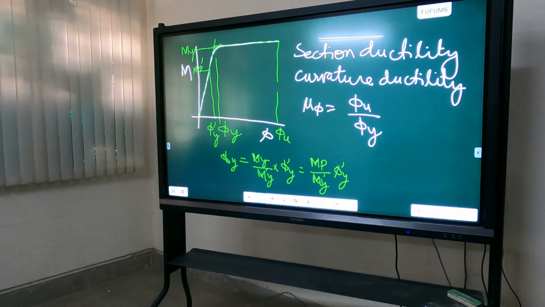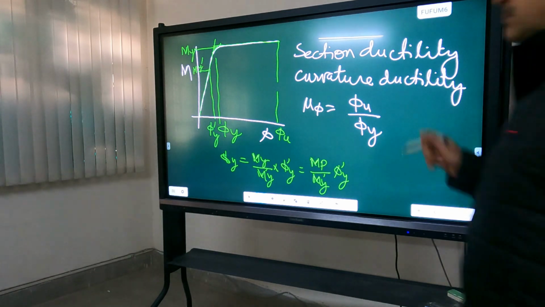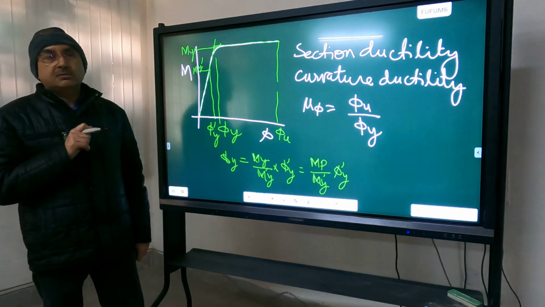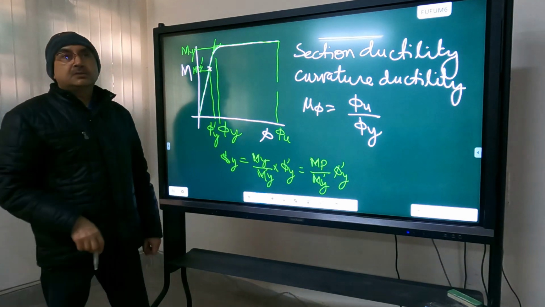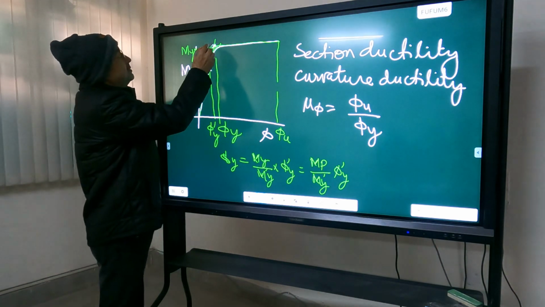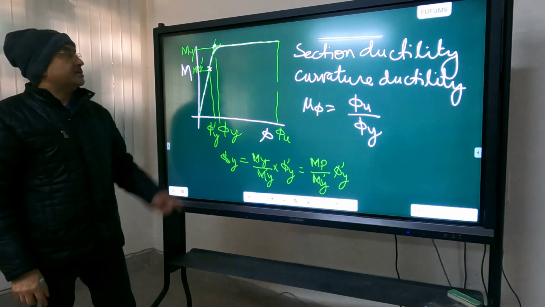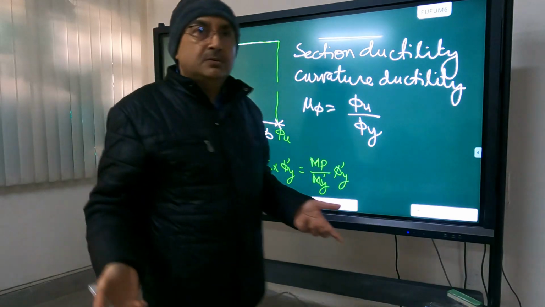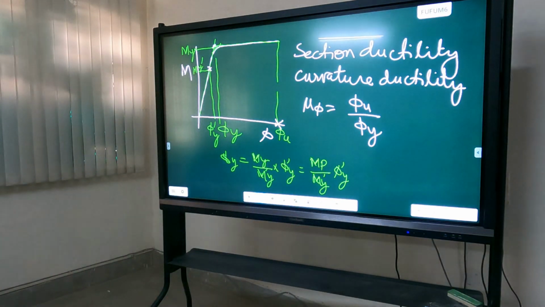In case of material, the material has yielded when you achieved epsilon y here, whereas the section you are yielding here. This phi u is the same, corresponding to epsilon u. So can you tell me which is going to be higher, material ductility or curvature ductility?